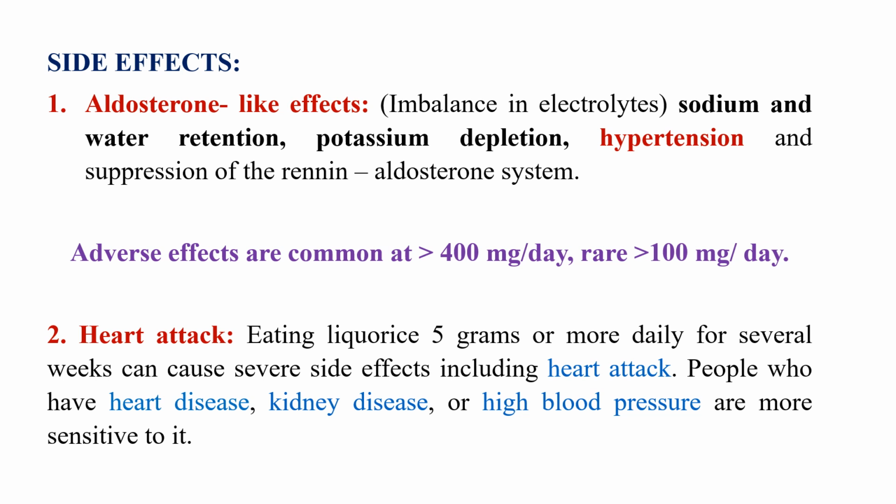This adverse effect is common at a dose of licorice extract of more than 400 mg per day and rarely reported with a dose of more than 100 mg per day. The second adverse effect: consuming a high amount of licorice, 5 grams or more daily, can lead to heart attack in people with heart disease, kidney disease, or high blood pressure, who are more sensitive to this adverse effect.